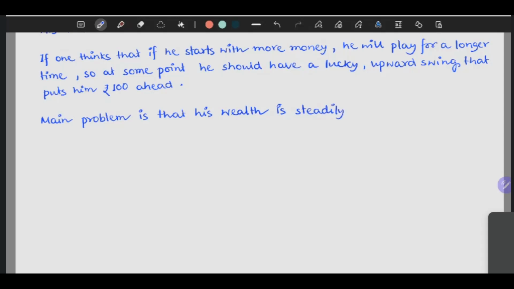Try to understand this fact and appreciate this thing, which is sort of interesting. Okay, so the wealth is steadily drifting downward.